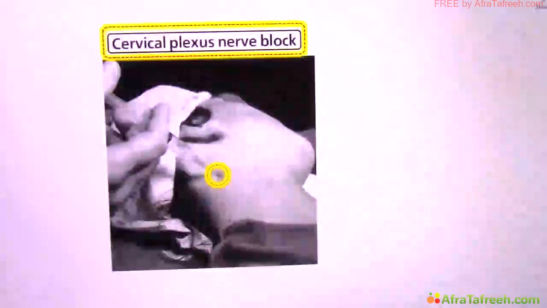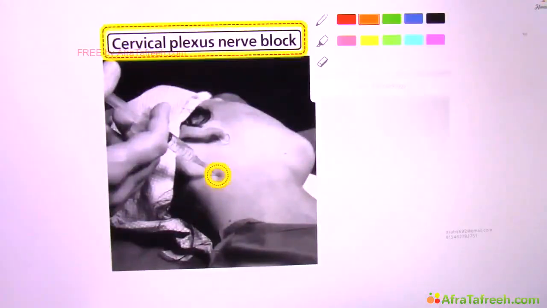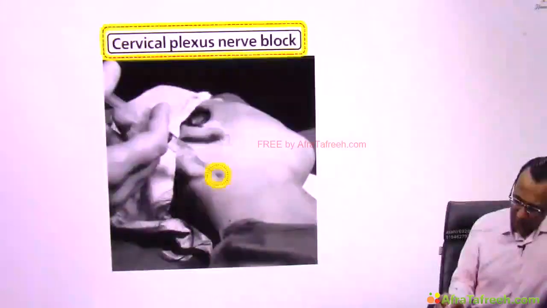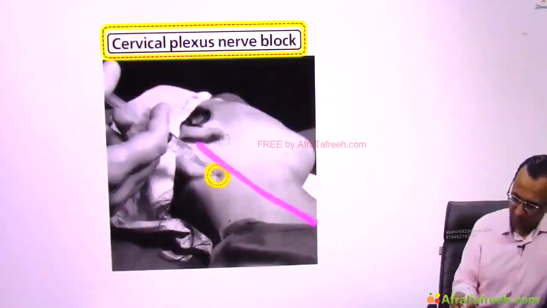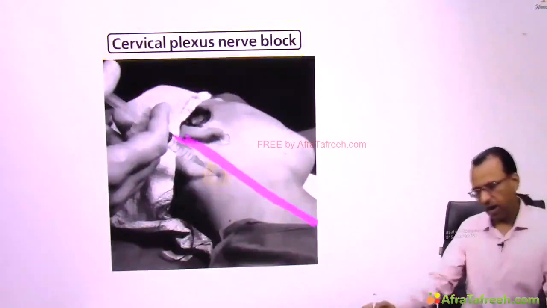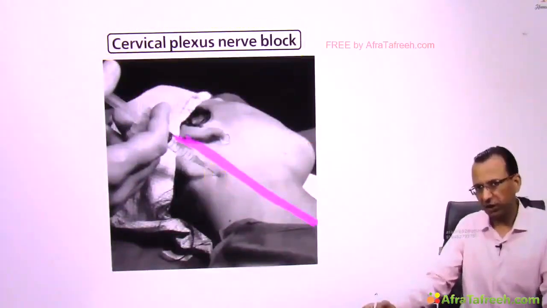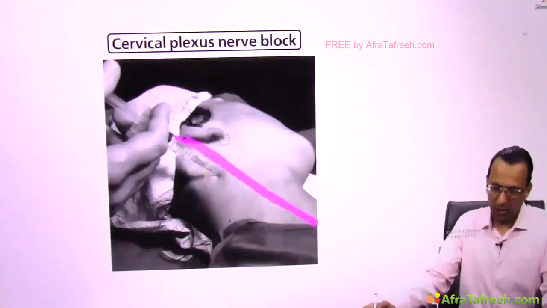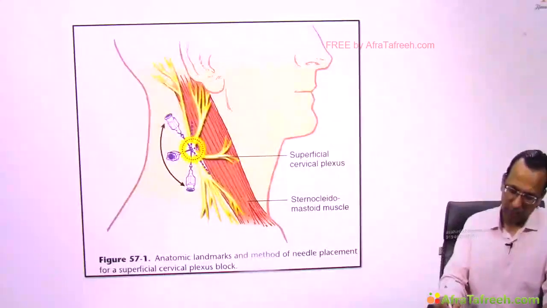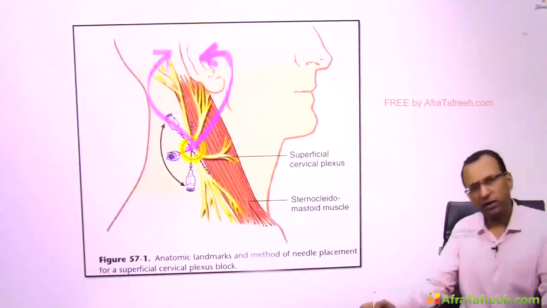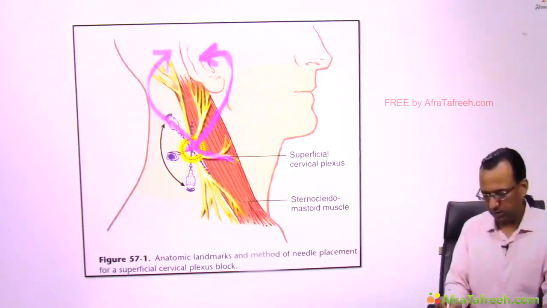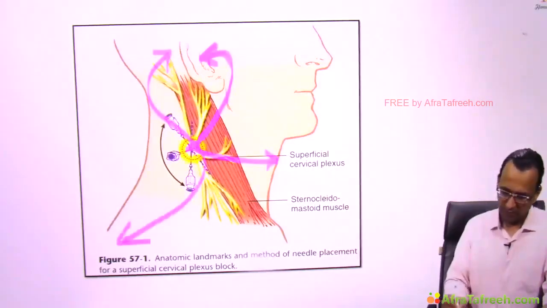Okay, we are blocking the cervical plexus now. Where? You already know it is behind the sternomastoid muscle. Why am I blocking it? You're blocking it because maybe you're working on the auricle, or behind the auricle, or in the neck region, or in the supraclavicular region.